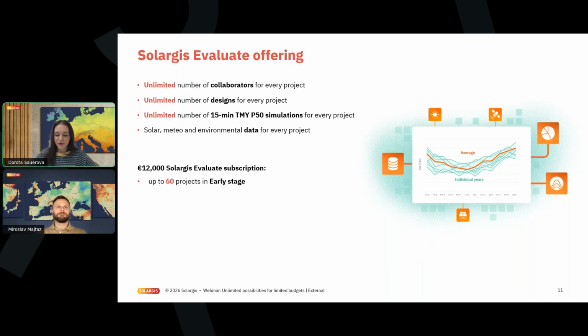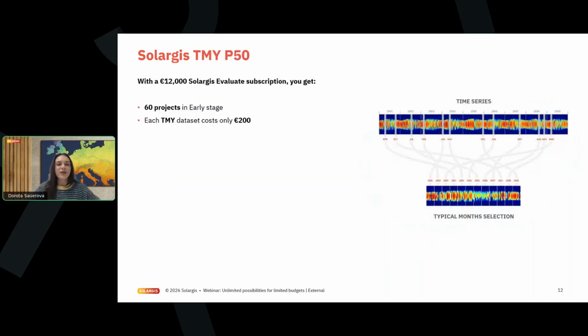Thank you, Miro, for this explanation. So if we take it into perspective, the 12,000 euros for 60 projects give you one TMY dataset for only 200 euros. And this is particularly compelling given the quality and reliability of Solargis TMY data, which is not synthetically generated from long-term averages.